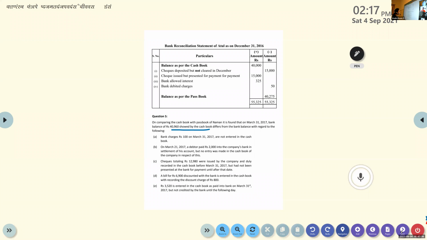On March 21, 2017, a debtor paid rupees 2,000 into the company's bank in settlement of his account, but no entry was made in the cash book of the company in respect of this. So there was a debtor.